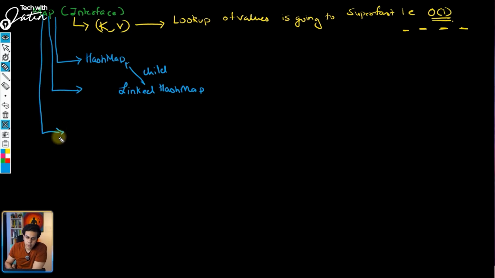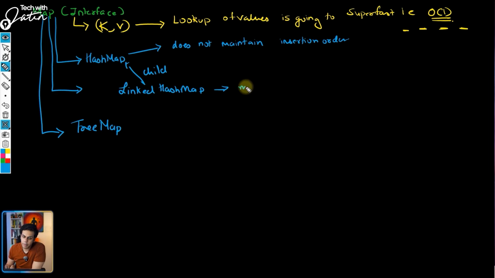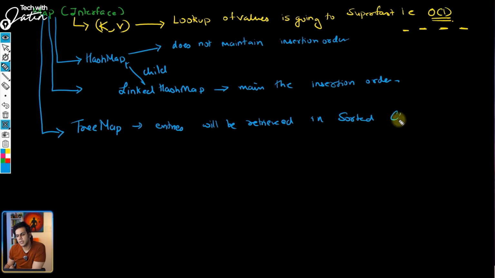And then you have the third one coming into the picture, which is going to be your TreeMap. HashMap does not maintain insertion order. LinkedHashMap is going to maintain the insertion order. And in TreeMap, the entries will be retrieved in sorted, or I would say ascending, order.